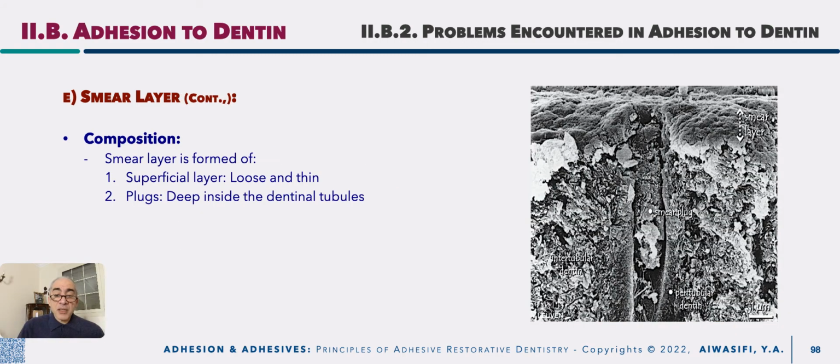This smear layer, as you have seen in this scanning electron micrograph, is formed of two separate layers. The first one is loose, thin, porous, weak, which is a superficial layer, while there is a plug inside the dentinal tubules which is tightly packed inside it.